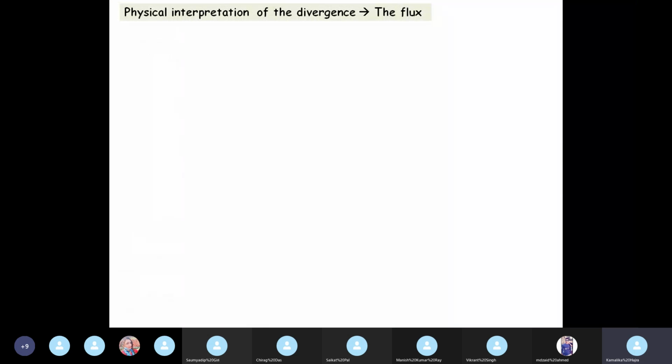All right. Now, physical interpretation of divergence, just like we saw that the geometrical interpretation of gradient was the normal to a surface. Similarly, we will see here that when we are talking about divergence, we actually mean the flux. Okay, so why is the divergence a scalar?